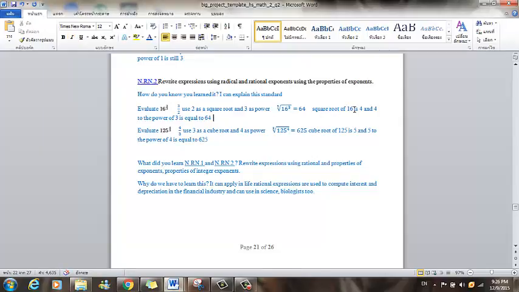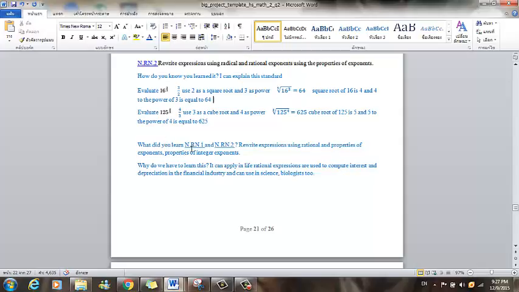The square root of 16 is 4, and 4 to the power of 3 is going to be 64. And this is 125 to the 4/3. So we use 3 as a cube root and 4 as a power. So it's going to be equal to 625, because the cube root of 125 is 5, and 5 to the power of 4 is going to be 625.